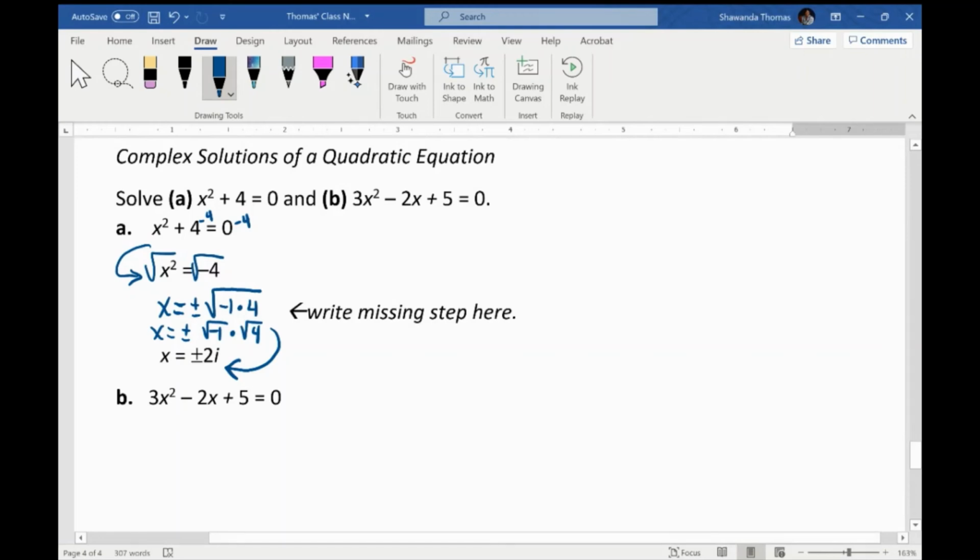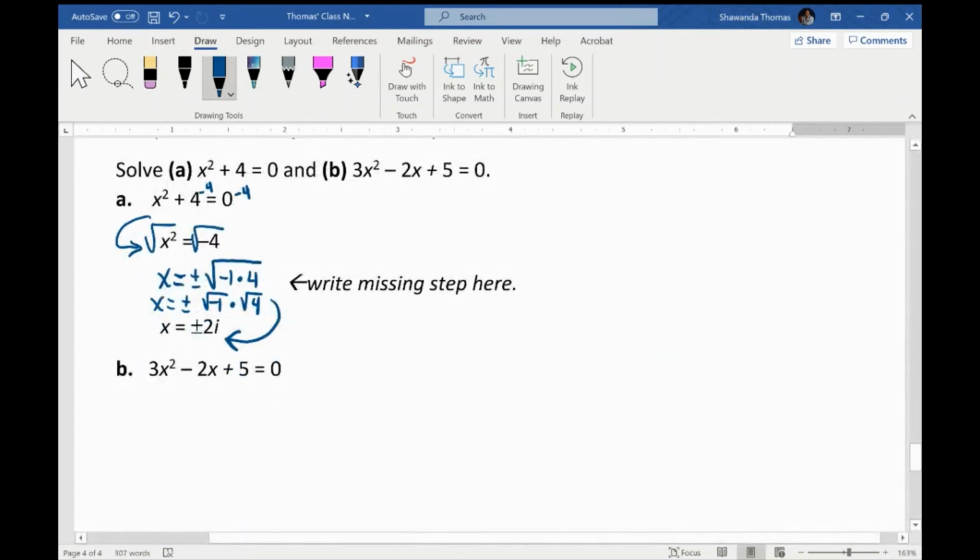How would you even approach this? What was the first step if you said, I wonder if it's factorable? What would you do first to figure out if it's factorable? A times C. Yep, you would do A times C. What is A times C? 15. Then we write all our factors out. 1 and 15.